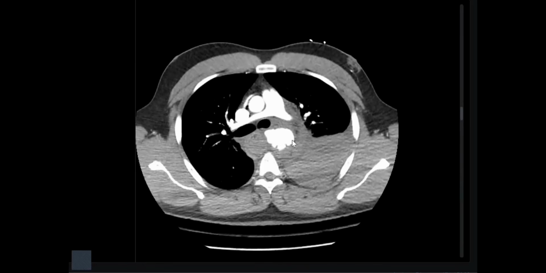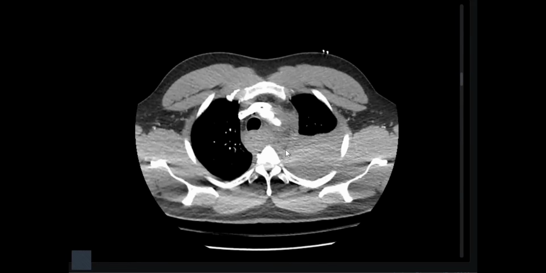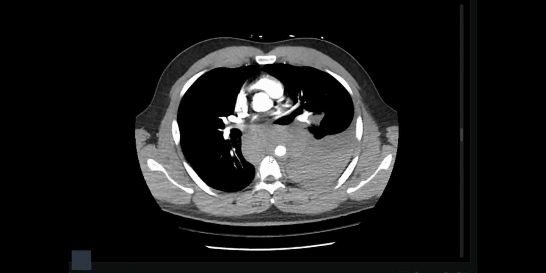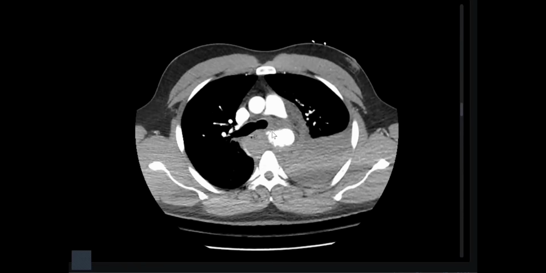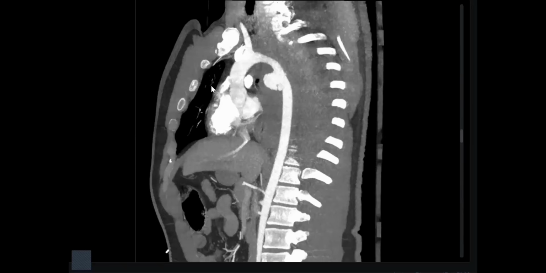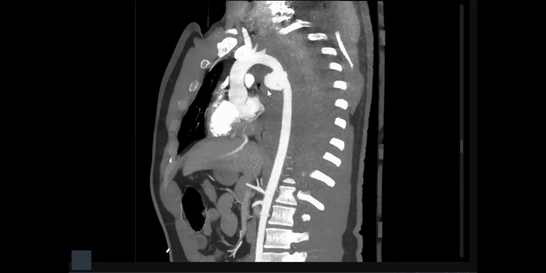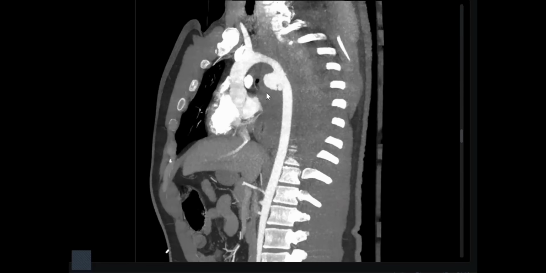How to be sure it is active? In my routine practice, I will look at the plain, non-contrast images, and other planes to be sure. Okay, what do you see from this plane?